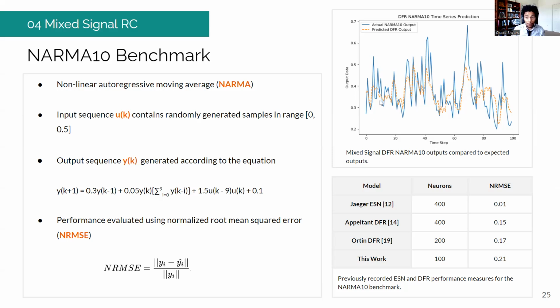In blue is the actual expected NARMA 10 output, and the dotted orange line is the predicted DFR output. The performance is typically measured using a normalized root mean squared error equation. The particular equation that we used is shown at the bottom of this slide.